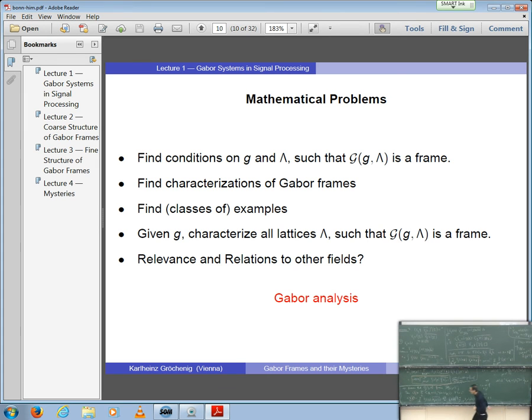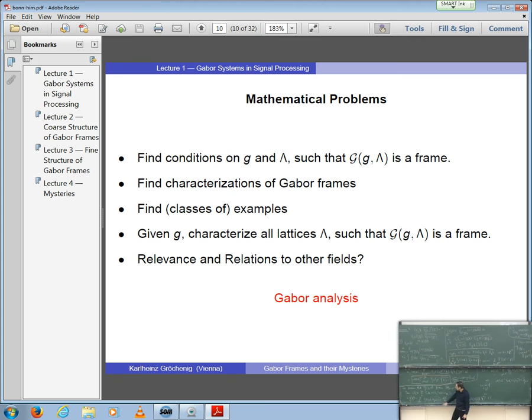Well, if I have the identity, I apply it to some f, take inner product with g, do the same on the other side, and then I go through this chain of identities backwards. I know this. I apply the fundamental identity of Gabor analysis and end up here.